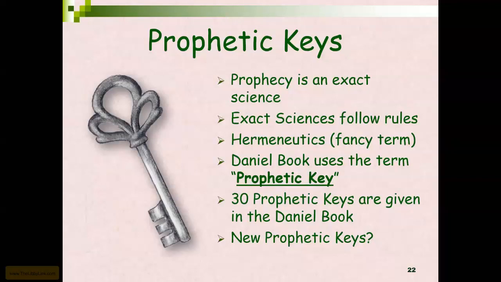Are there any new prophetic keys? Yes, there are. And Charlene will be giving us some insights and reviewing those today with us as we continue this presentation. We've already covered it in the last presentations as well. Now we're ready to look at point 1.